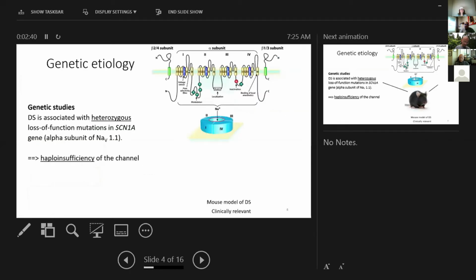And so the Dravet syndrome itself is known from genetic studies to be due to a heterozygous loss of function mutation in the SCN1A, which is the gene that encodes the alpha subunit of the sodium channel NaV1.1, which is expressed in the brain. And this mutation leads to haploinsufficiency of the gene product.